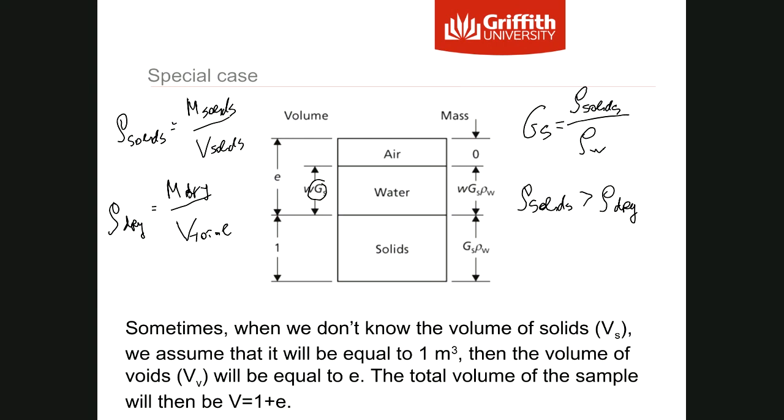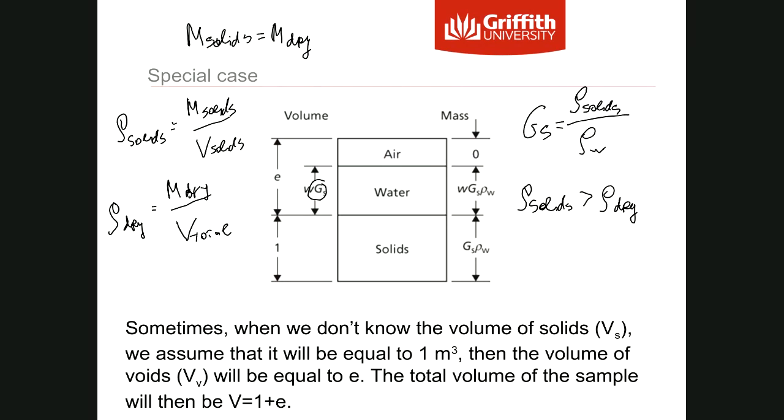As I already mentioned before, mass of solids and mass of dry soil are the same thing. Mass of solids is equal to mass of dry soil, because dry soil has only solids. It has no water because water was removed by drying the soil. And well, it does have some air, but air has no mass. But you see the difference is here.